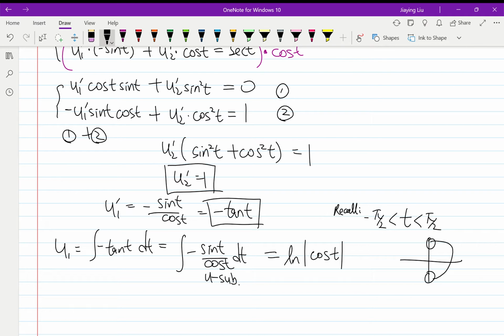So for any angle here, cosine t is always going to be positive. So cosine t is positive in this interval, and we can just drop the absolute value. That's what the condition is for.